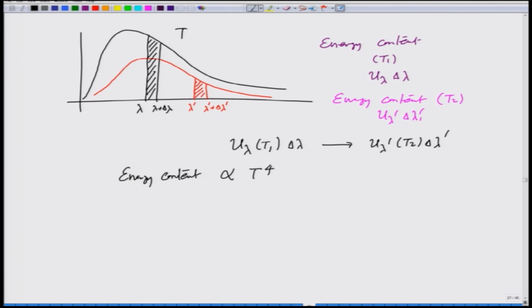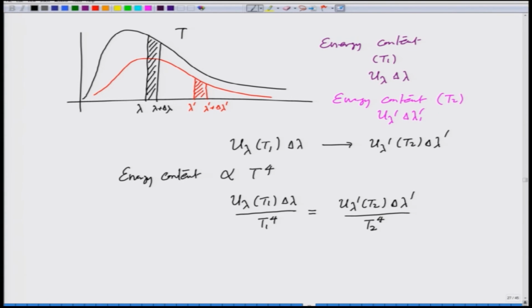Mind you, I am not going to take a ratio of energy density, but energy content, and therefore, I am going to have u lambda T1 delta lambda over T1 raised to 4 is equal to u lambda prime T2 delta lambda prime over T2 raised to 4.